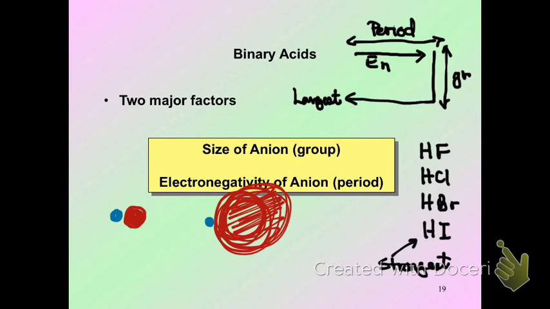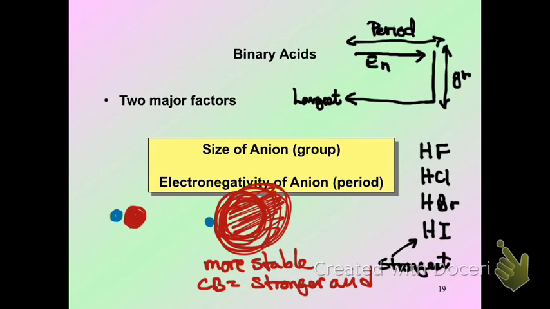More stable conjugate bases make stronger acids. I'm going to say CB equals stronger acid. Not strong, but stronger. It could be strong, but I want to do it in a relative context, okay? They lose the hydrogen more easily.